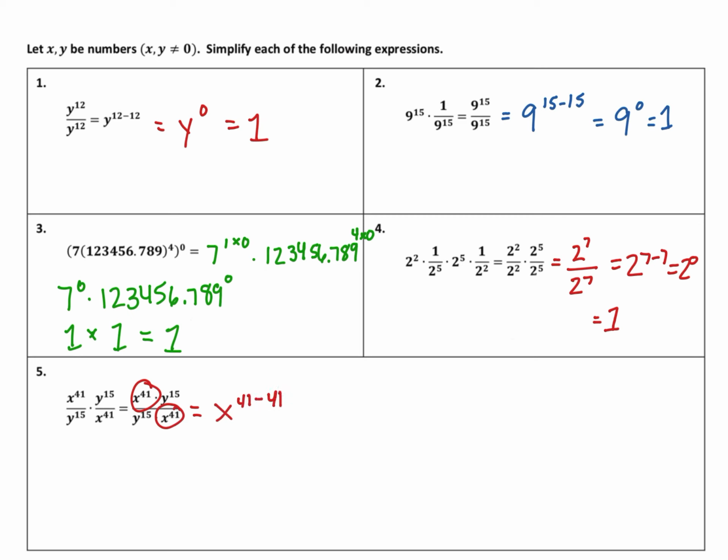Then we have y to the 15th divided by y to the 15th. x to the 41st minus 41 is x to the 0, and y to the 15th minus 15 is 0, which means this is equal to 1, and this is equal to 1, and since they're being multiplied together, our final answer is in fact 1.